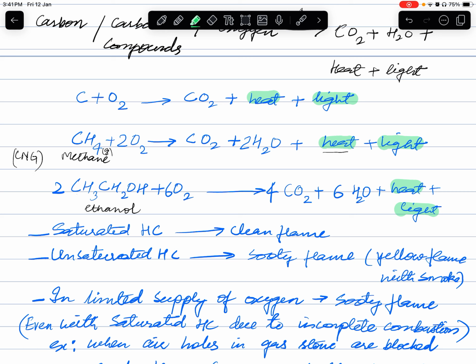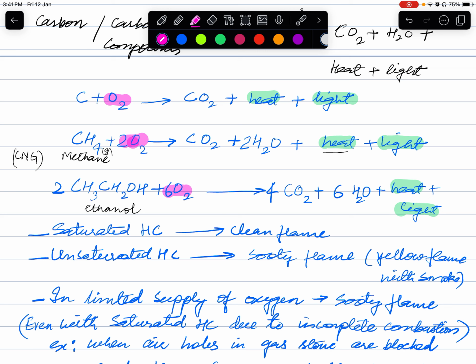Okay, and for every reaction, what is the basic necessity for your combustion process? We require oxygen. There is a reaction with oxygen, and since here we are adding oxygen, all these reactions which we have written here can also be called as oxidation reaction.